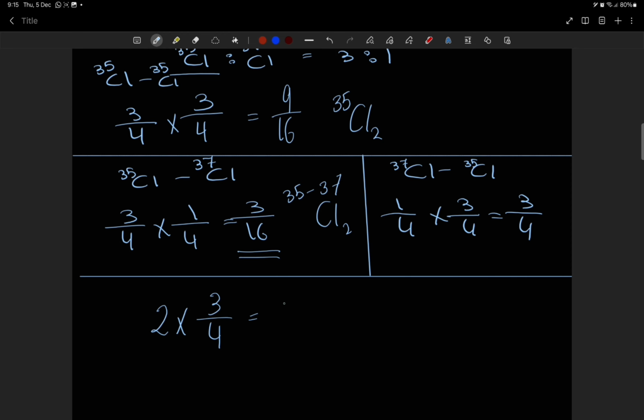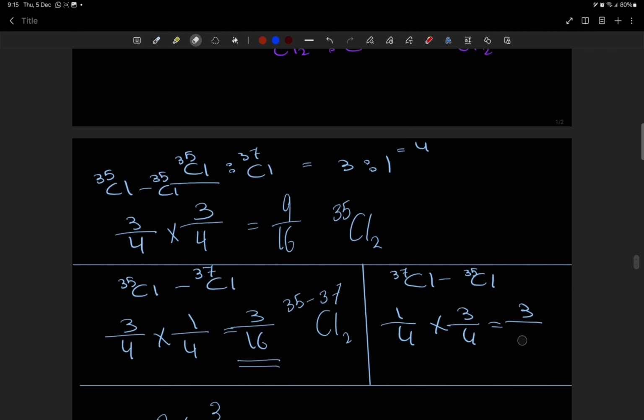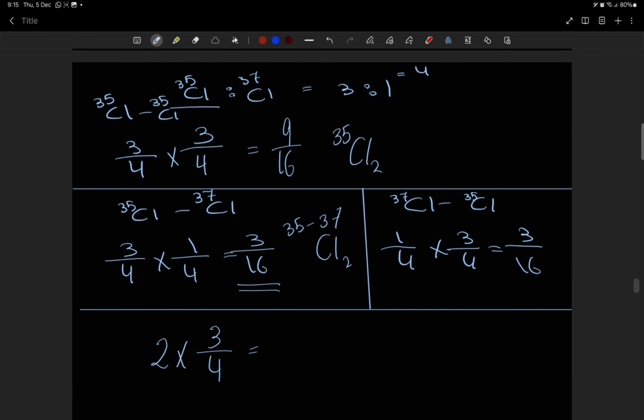So you say 2 times, this is 3 over 16. So 2 multiplied by the chance of finding it one time.